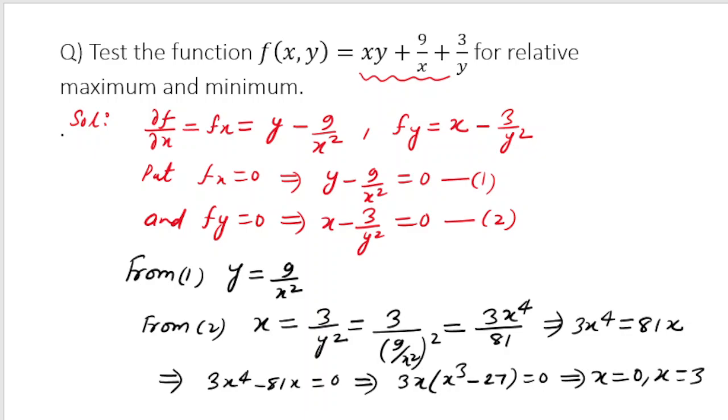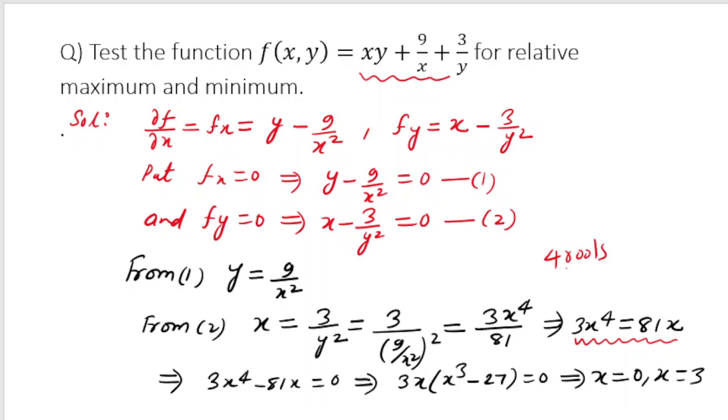Now, some of the students who are smart or intelligent might have one objection here. They will say that, sir, here we have an equation whose degree is 4. So how many roots should we get? We should get 4 roots, right?